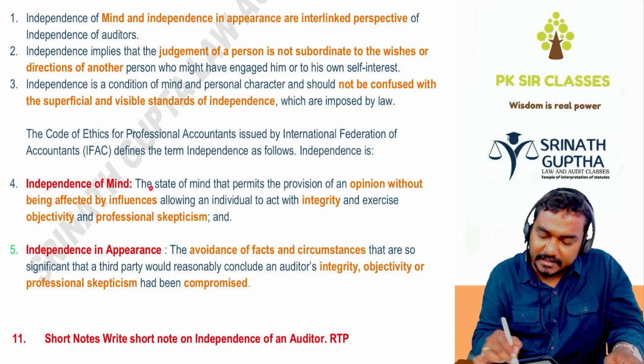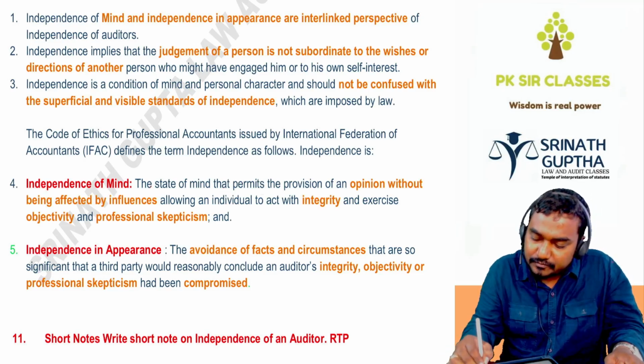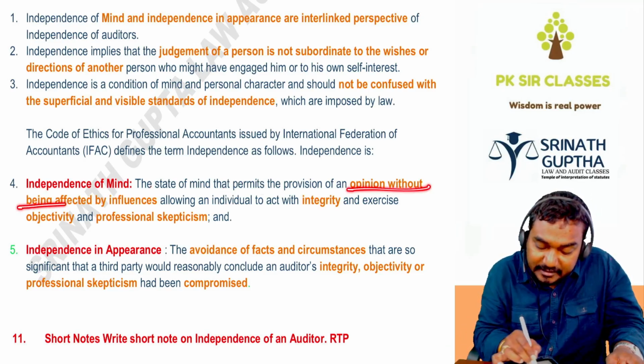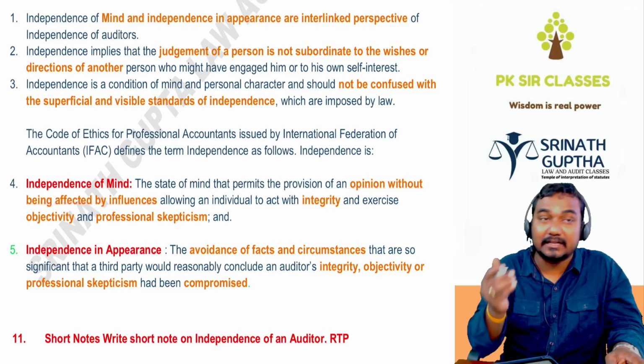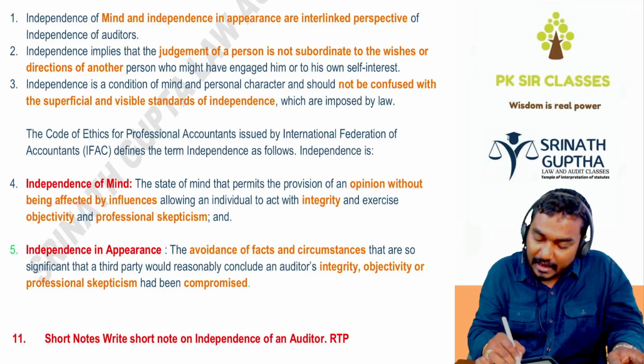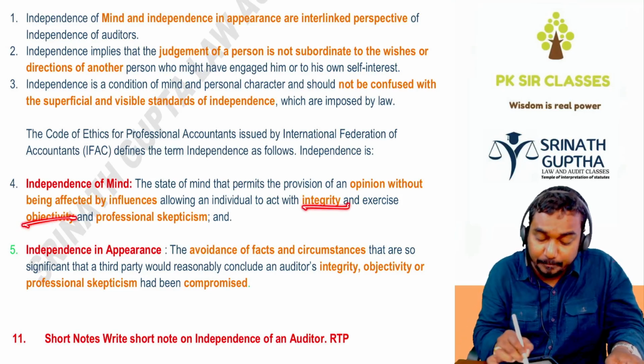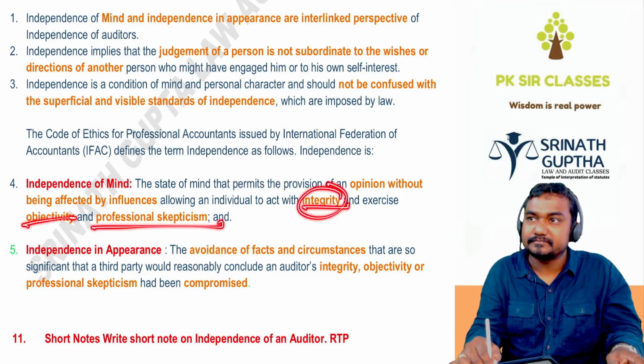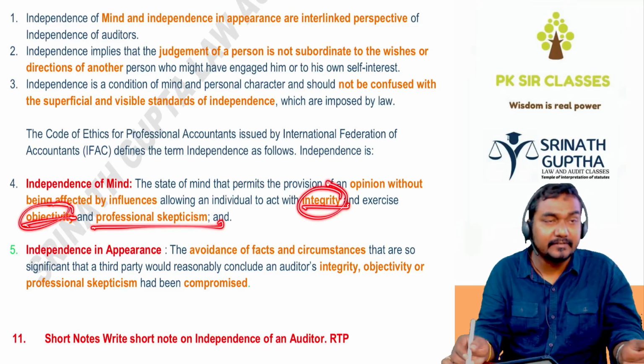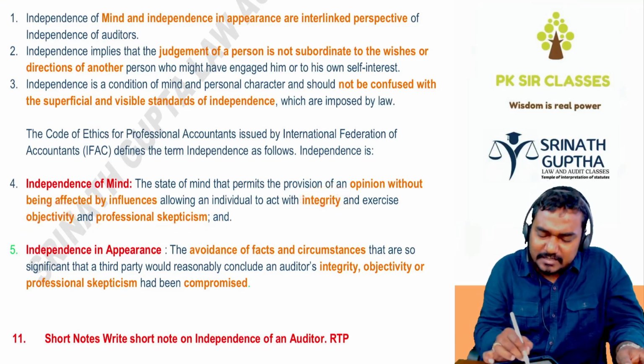Independence in mind, the state of mind permits the provision of an opinion without being affected by influences, not affected by bribes, allowing an individual to act with integrity, objectivity, professional skepticism. What is integrity? Honesty. What is objectivity? Unbiasedness. What is professional skepticism?